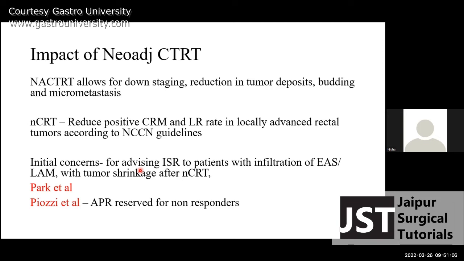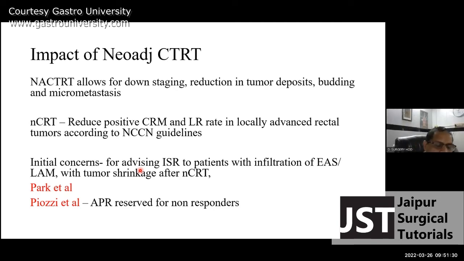So for lateral pelvic lymph node dissection, the recommendations and consensus are: if preoperatively on the MRI we are seeing the presence of lymph nodes there, or when it's a T4 tumor, we have given neoadjuvant radiotherapy, and we are trying to do a curative resection in a T4 disease, that's when LLND is indicated.